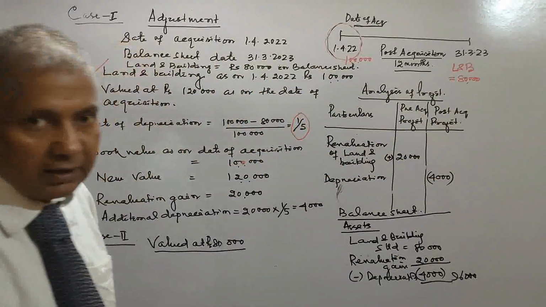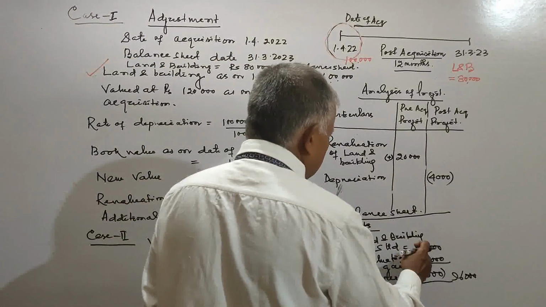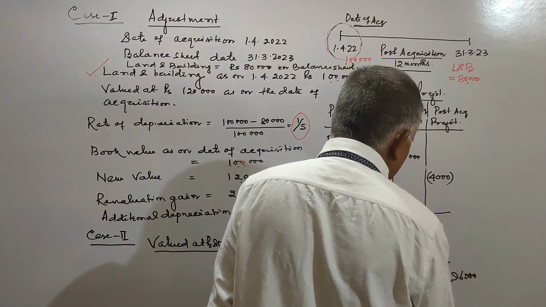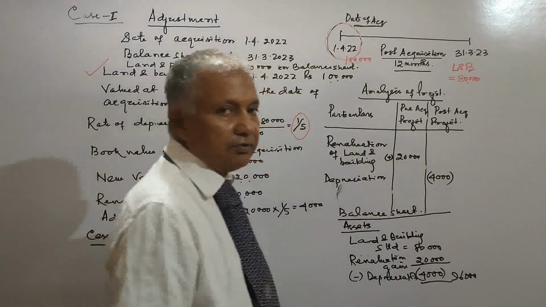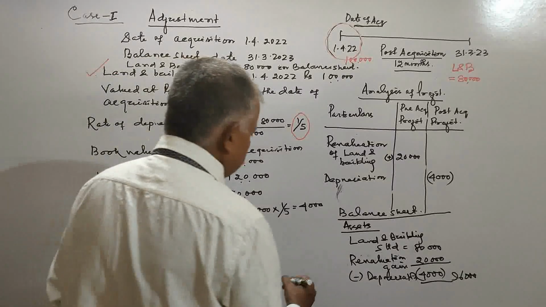We will go to the consolidated balance sheet. Alternatively, we can write 1 lakh minus 4,000, 96,000, also in the consolidated balance sheet.